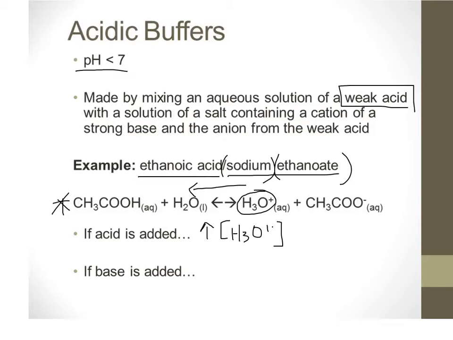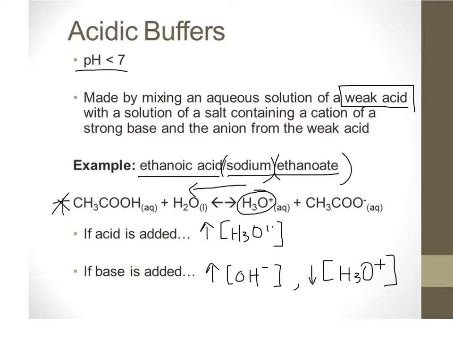So it resists that change in pH, or the change in hydronium ion concentration, by shifting the equilibrium in the opposite direction. If a base is added, we're increasing OH- concentration. Because we know that the OH- concentration is related to the hydronium ion concentration, if we increase the OH-, effectively we're decreasing the H3O+ concentration.